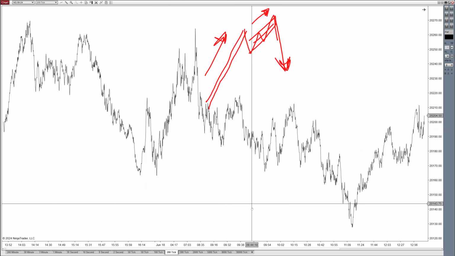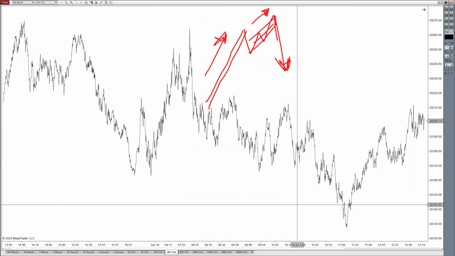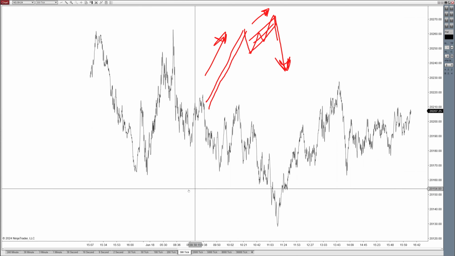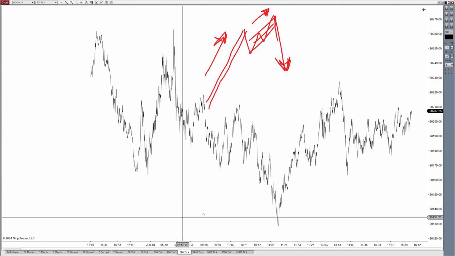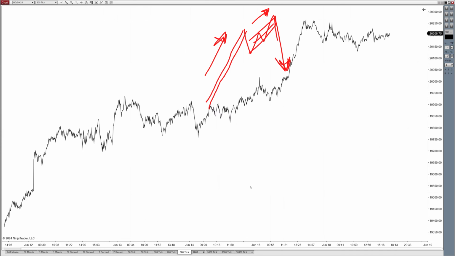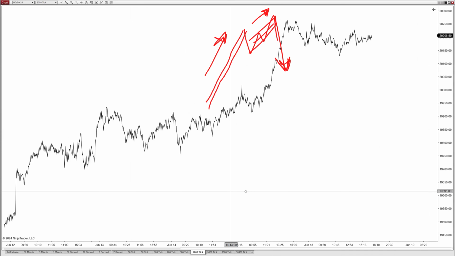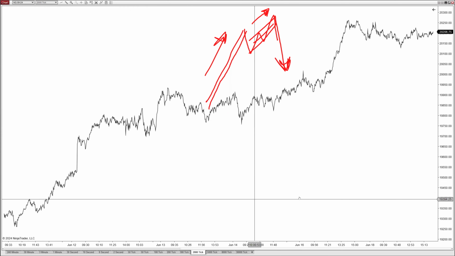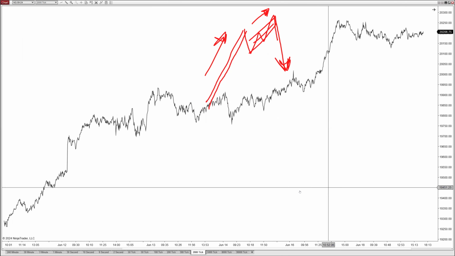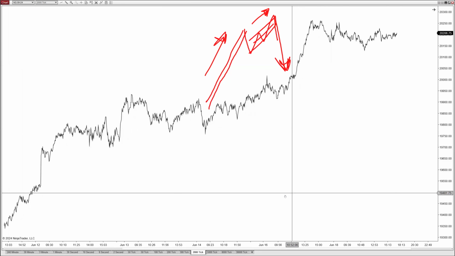I probably need to add some more time on this. Let's go up to a bigger time frame here. I still don't have enough time. It might have been on the Dow and not the NASDAQ.